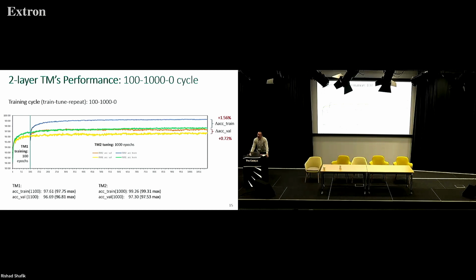And apparently, what we found is that when you tune the second layer TM for longer, it will give you higher accuracy. So it looks like the second layer TM learns the imperfections of the first layer TM and simply suggests exactly where the first layer TM fails. And because of that, it gives you a high accuracy.